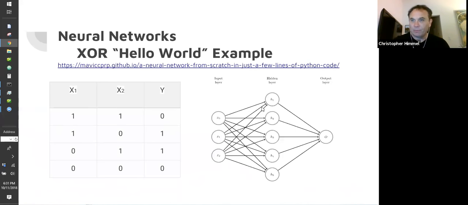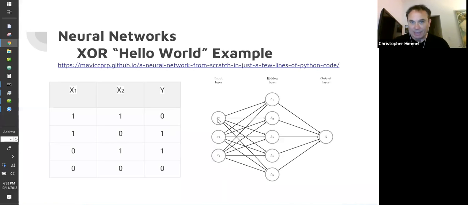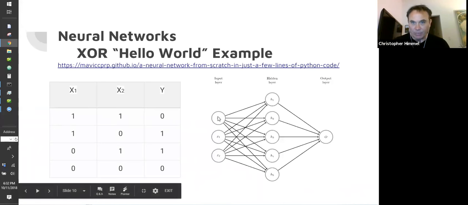Okay, so the network that we're going to use to do this model, this neural network model, is shown over here on the right. I've got two inputs plus a bias. X0 is the bias, and then X1 and X2 are shown here. So X0 is always 1.